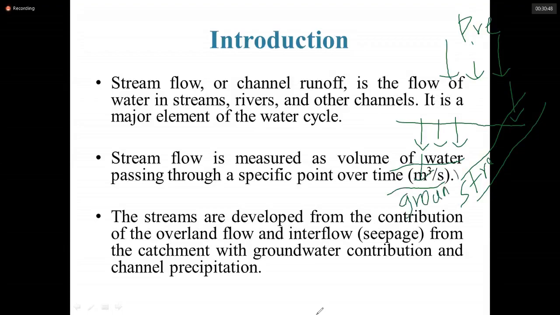So this groundwater also mixes with the stream. And the water infiltrates and moves horizontally. It is called seepage. So this seepage water also mixes with these streams and rivers. And another way is the runoff water. The surface runoff water also mixes with these streams and oceans. So this is how streams get water.